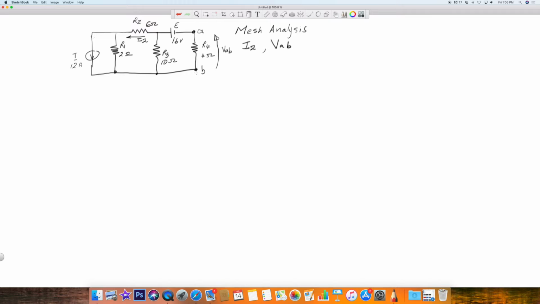Okay. Now that they are mentioning the mesh analysis, let's look at how this can be done. Let me redraw the circuit even bigger and actually go ahead and do the actual equation, loop equations that would come out of that. Okay? So the bigger it is, the better.